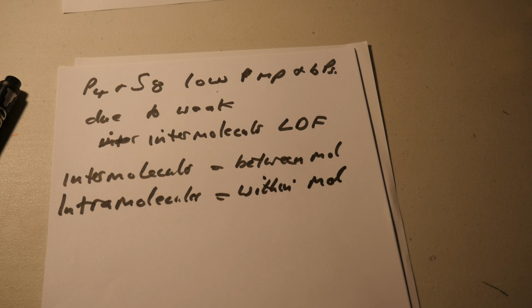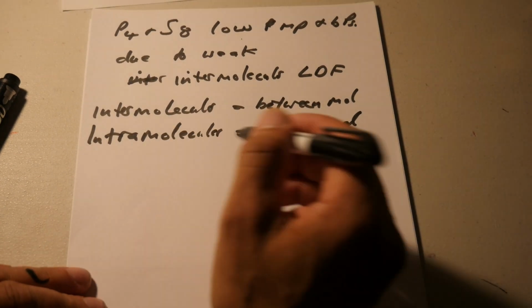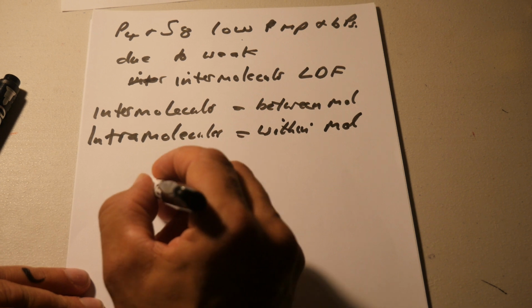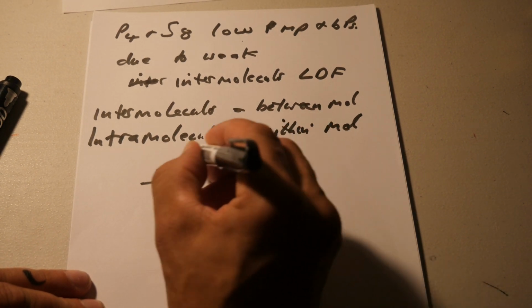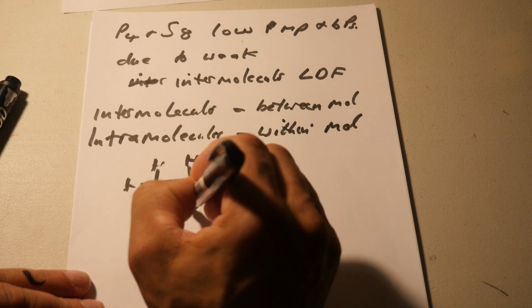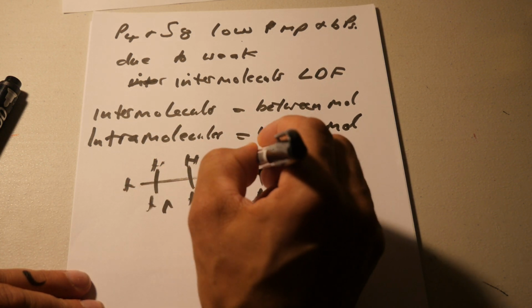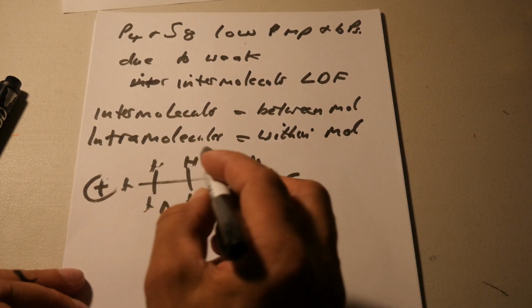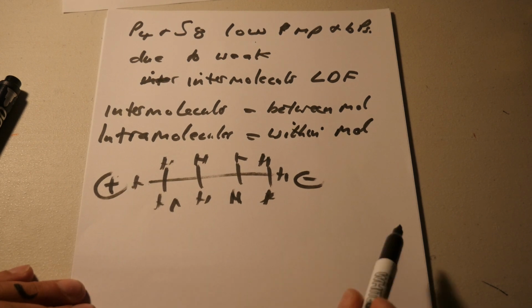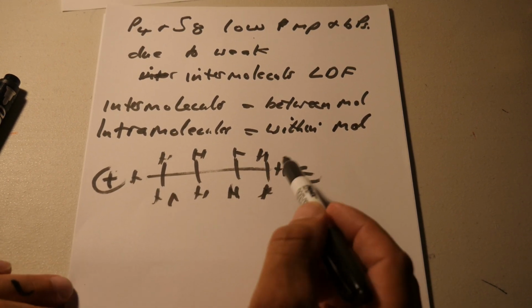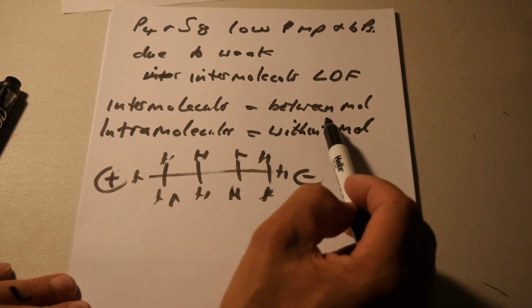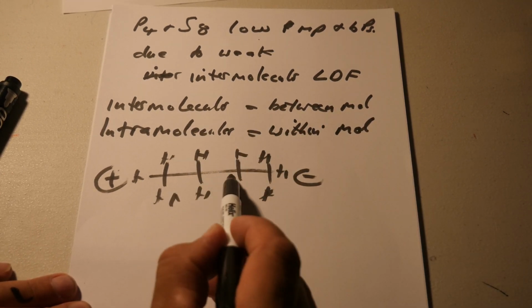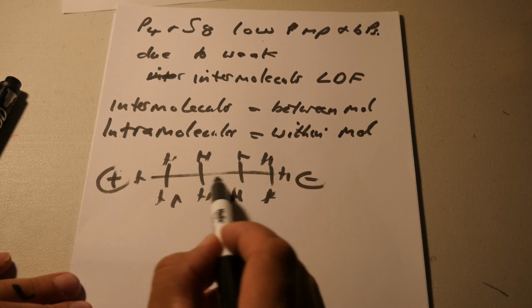So London dispersion forces are positive and negative charges that occur around a molecule. You get an excess of negative there and an excess of positive there, so electrons are flicking to one side. These occur between the molecules, that's why it's intermolecular. Covalent bonds are within the molecule, these are intramolecular.